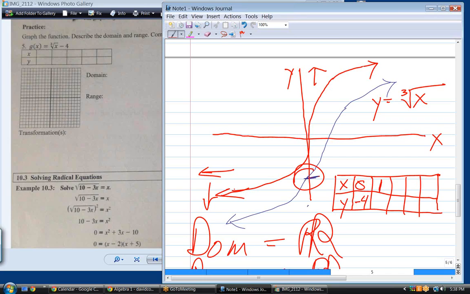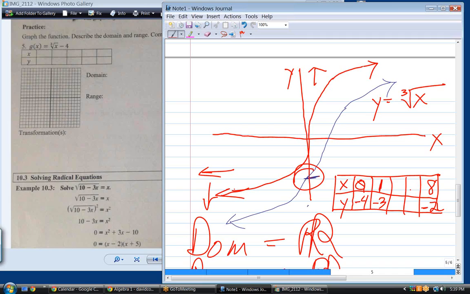Now, when x is 1, what is y? Negative 3. Yeah. That's correct. When x is 8, what is y? Well, what's the cube root of 8? 2. What's 2 minus 4? Negative 2.